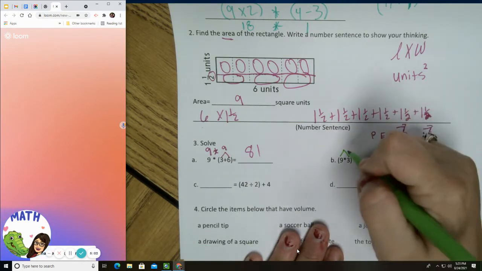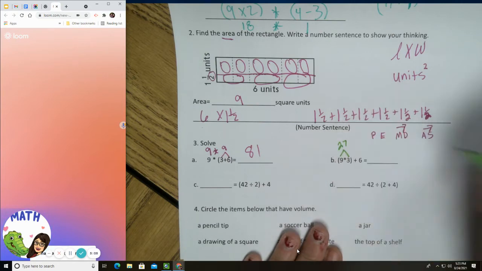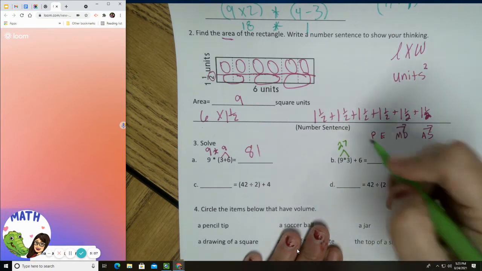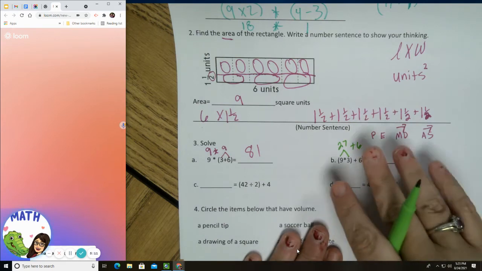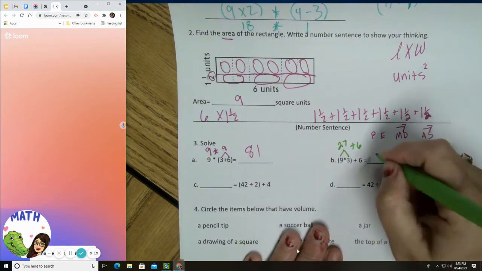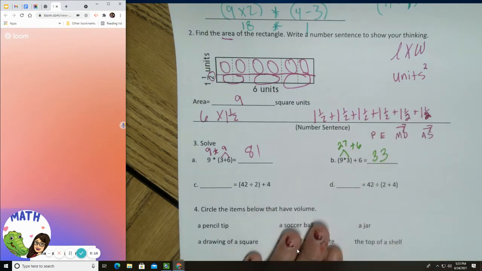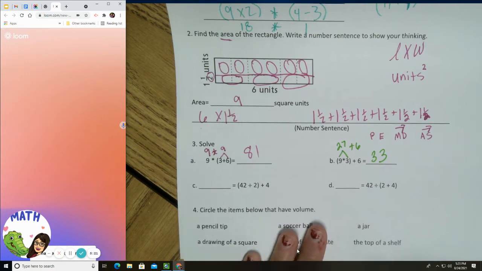9 times 3, 27. Plus 6, 28, 29, 30, 31, 32, 33. Next, 42 divided by 2.